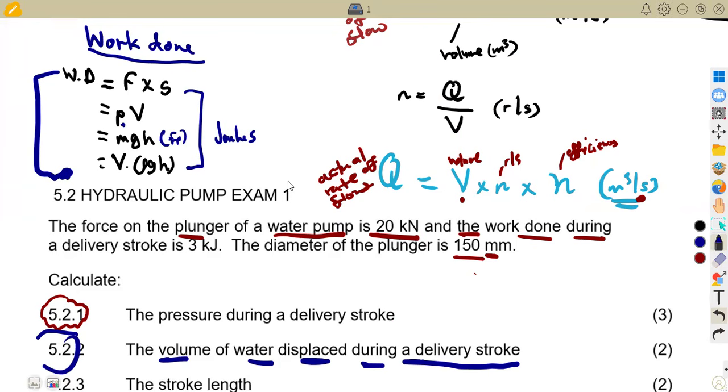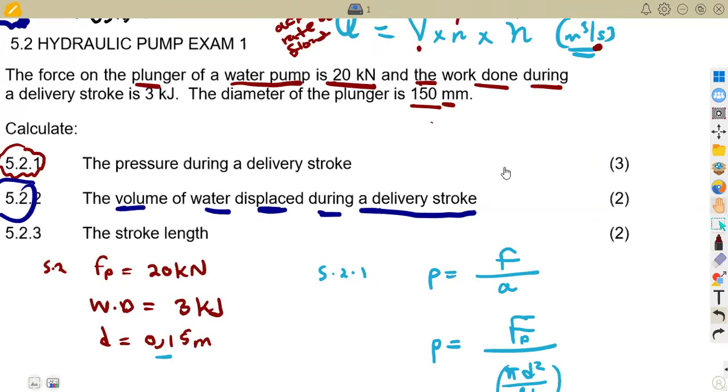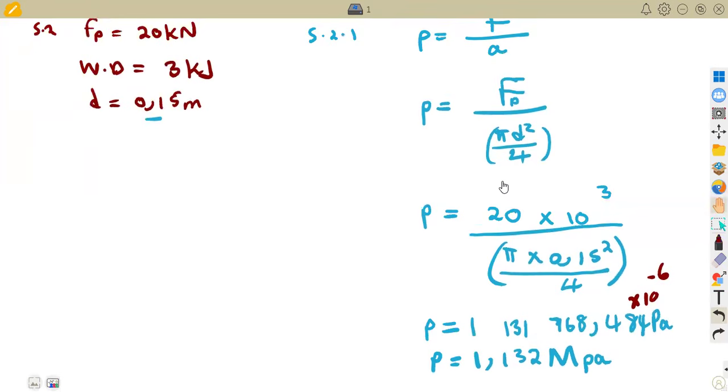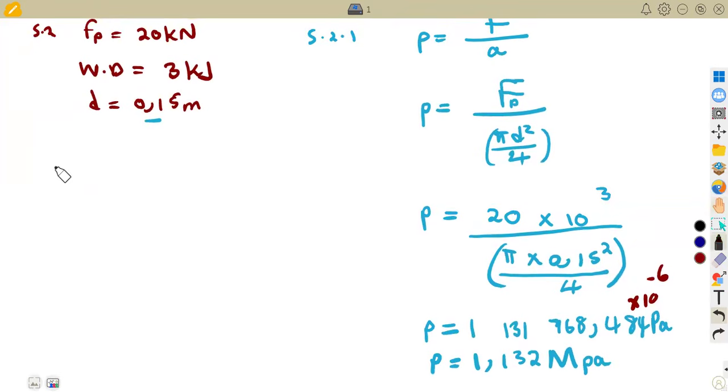Using this formula, taking the work done, the pressure and the volume, we can calculate the volume, because the only thing that we do not have there is the volume. Work done is pressure times volume. We have calculated the pressure here. Work done is there. So that's 5.22.